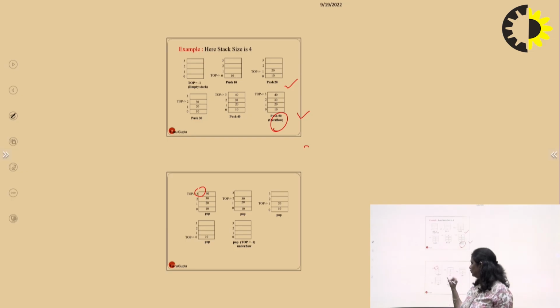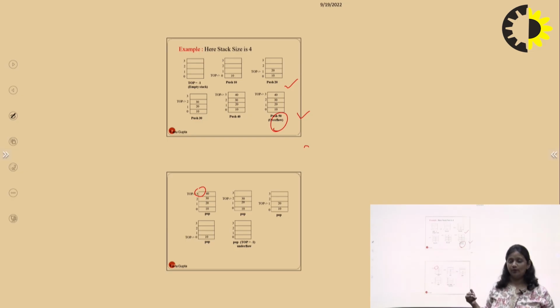Now if we apply a pop operation on 30, then the top value is 2. Then 1. If we delete the element 10, then the top value will be -1.